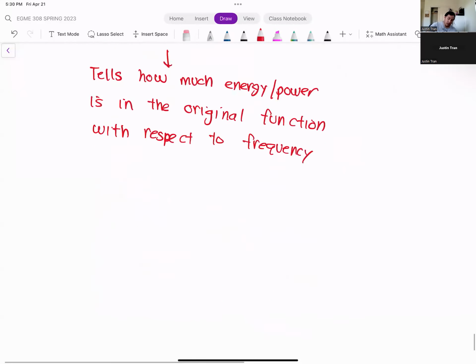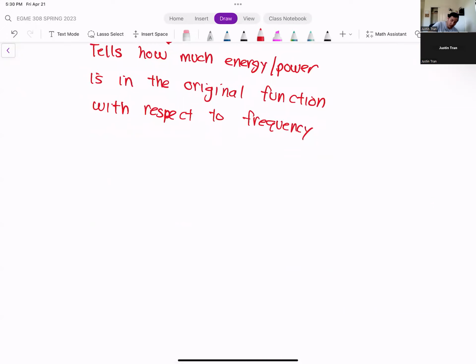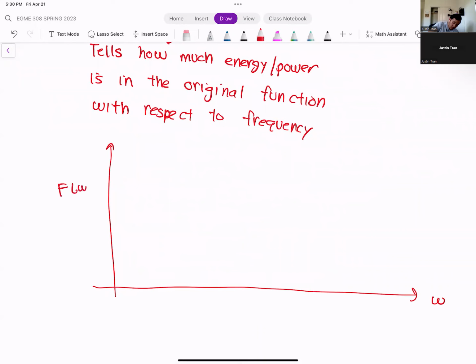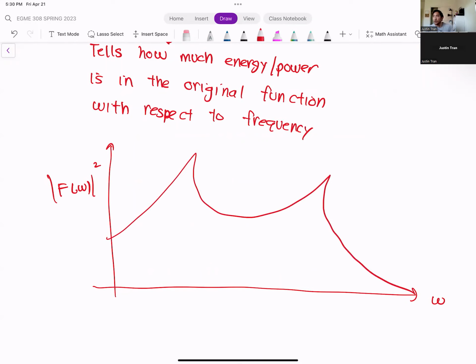Okay. And so a typical power spectrum might look something like this. Okay. And so on the x-axis, or the horizontal axis, we'll have frequency. And on the vertical axis, we'll have the Fourier transform squared. Okay. And you might have some things that look like this. Right. So oftentimes you're going to have some frequencies that kind of stand out the most. And so they're going to have more power than the rest. Right.